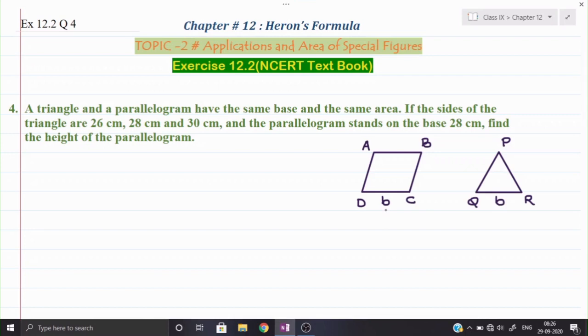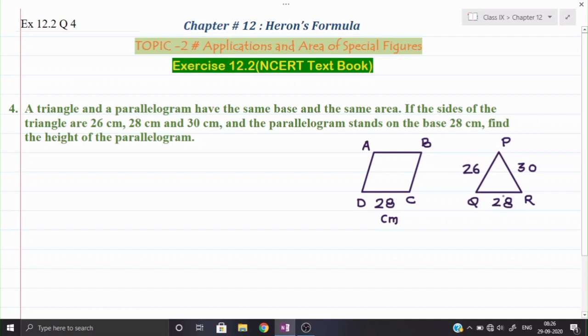Now they are saying the sides of the triangle are 26, 28 and 30 centimeter. So the base b we shall remove, because all the sides of the triangle are given, and the parallelogram stands on the base of 28 centimeter. Find the height of the parallelogram. Here I have not marked the sides of the triangle, so this will be 26 centimeter, this will be 30, and since the bases are the same, I will take 28 as the base.